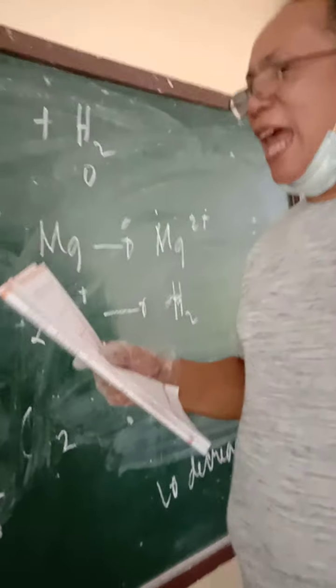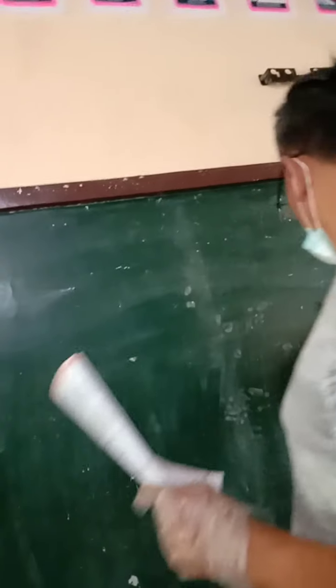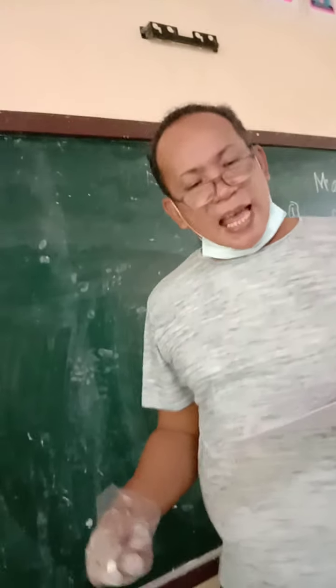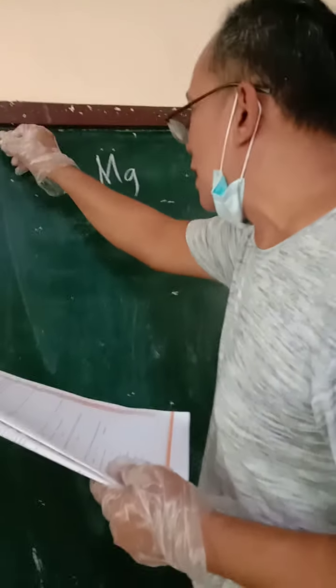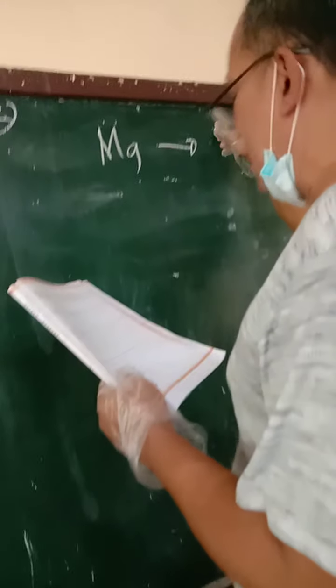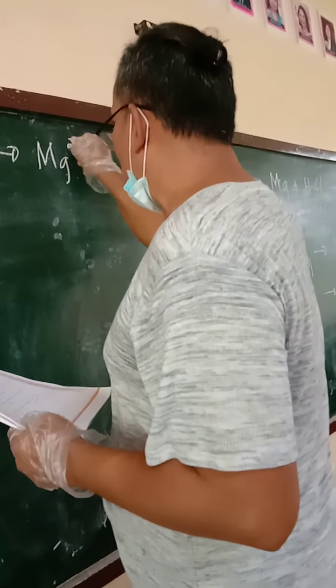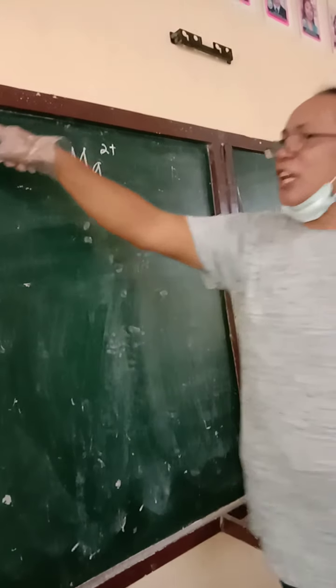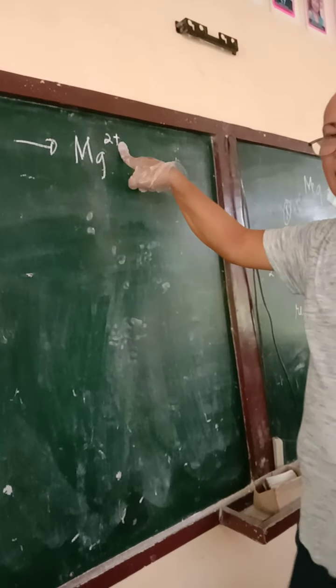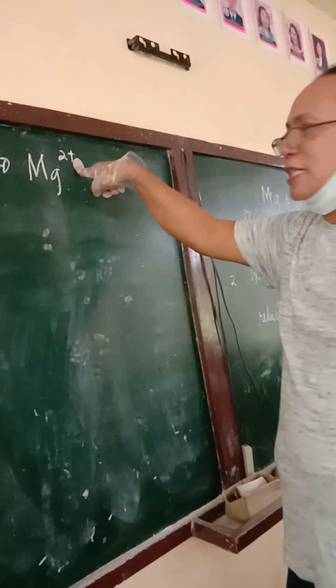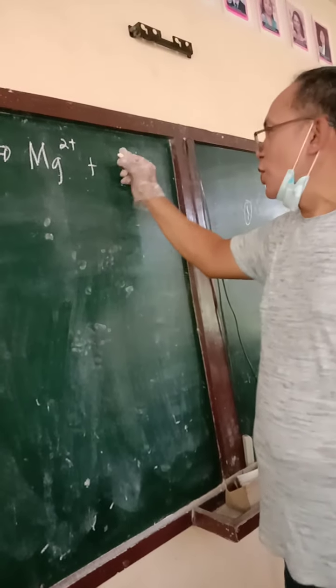Next, balance the number of electrons. So step 4. How this is done will be clarified in your module, so for the meantime we just balance it. For magnesium, it is 0 here and positive 2 there. We add 2 electrons so that it becomes 0.